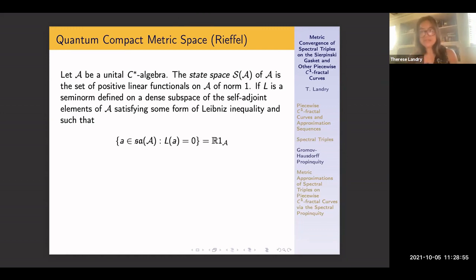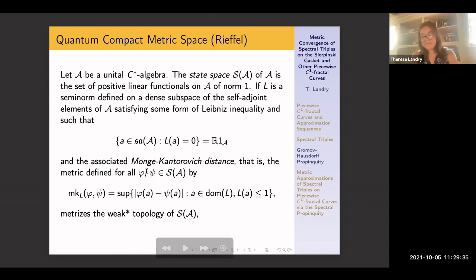Here's where you can see the analogy with the Lipschitz functions. The semi-norm is defined on a dense subspace of the self-adjoint elements of the C-star algebra. It satisfies some kind of Leibniz inequality, and it vanishes on the scalar multiples of the identity. It's no longer the Lipschitz semi-norm coming from the metric, but we still keep that property in the non-commutative case.